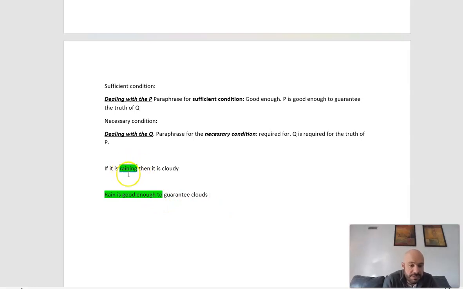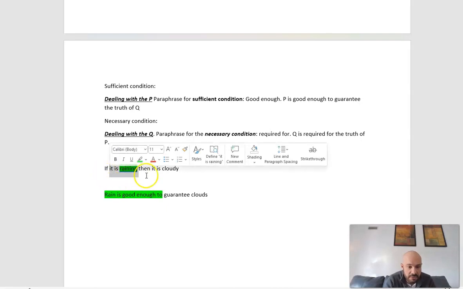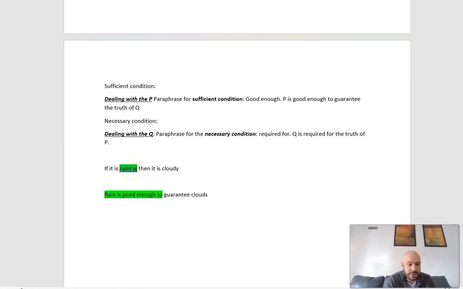Note that the sufficient condition is highlighted, and it's that which comes after the if and before the then. Here, the sufficient condition is put into a paraphrase, preserving the meaning of the operator and putting it in a way that's ultimately easier to understand and defend.